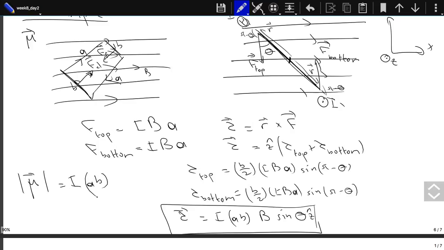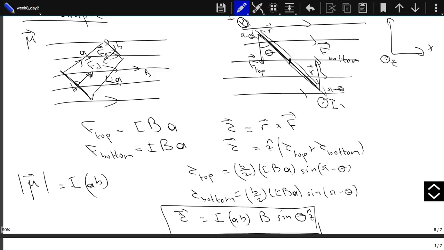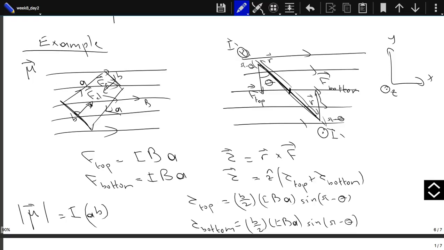And the direction of this mu will be, let's see, this is the direction of the mu. Now I will explain why I chose that direction of mu in a moment. But let's see, if I define such a mu, can I write the torque as a vector product?